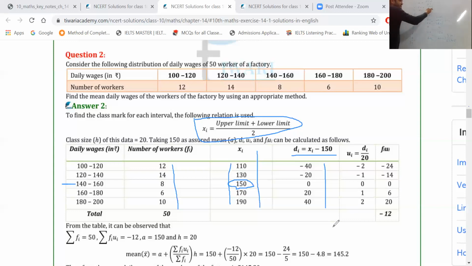Now you can solve this in the decimal form also, and then you will get the answer, or you can directly make it into the fractional form. So when we are converting this into fractional form, 150 multiplied by 5, that becomes 750 minus 24 upon 5.